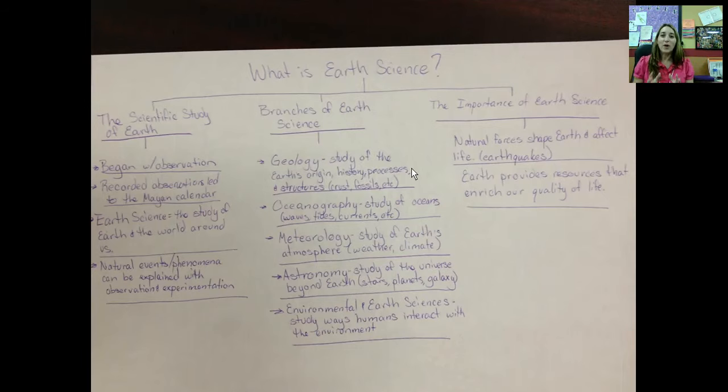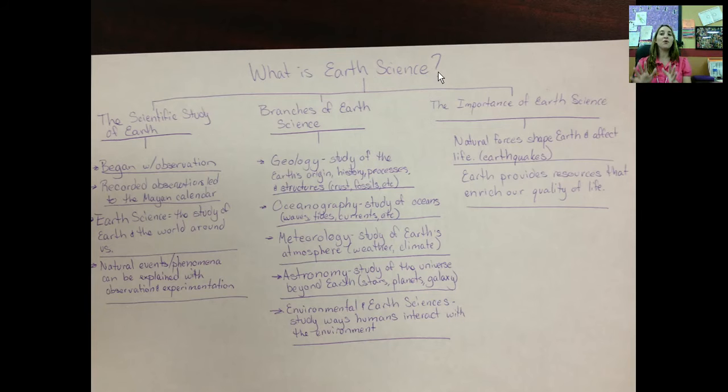Yay, my computer's listening. Okay, so what I did was I first wrote down the title of the section in the chapter, and my section title was What is Earth Science? So that is my topic at the top of my tree.